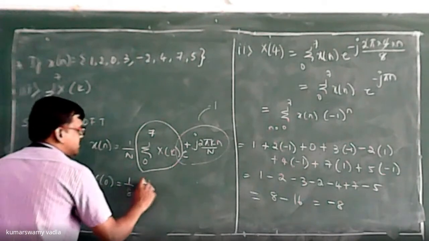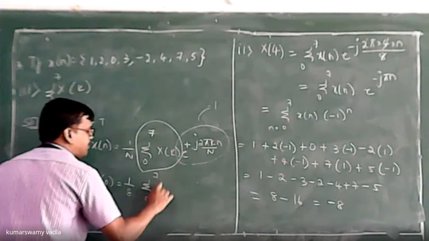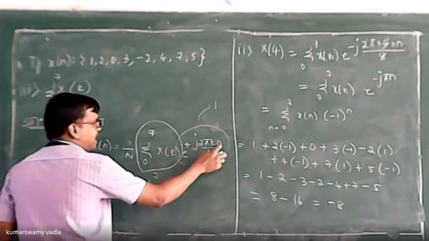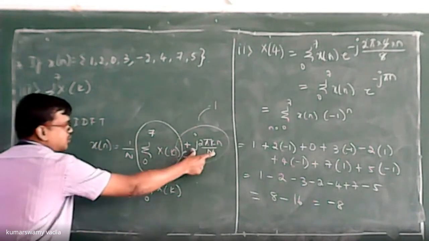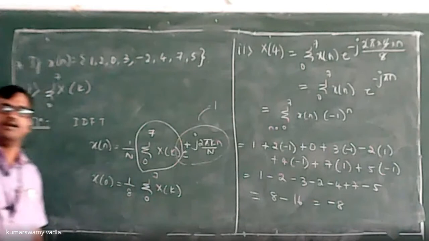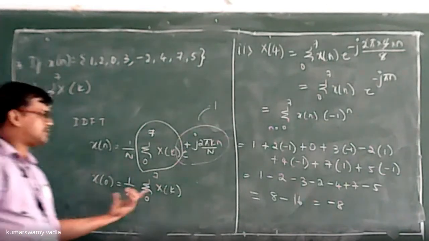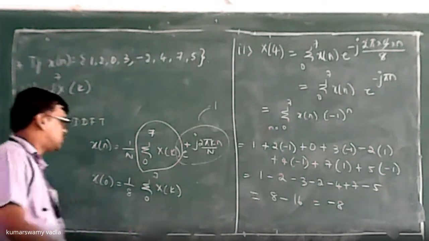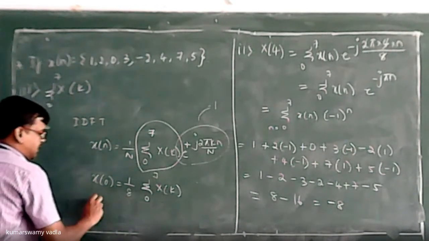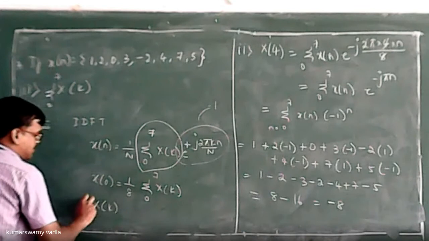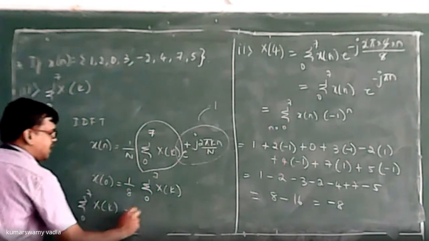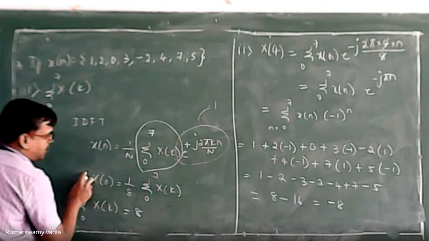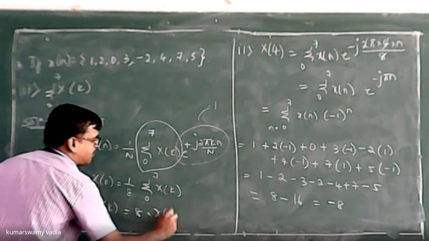X of 0 is equal to 1 by N, where N is 8, summation 0 to 7 capital X of k. As n is 0 here, this whole term will become 1. Yes or no, students? So finally, capital X of k summation 0 to 7 is equal to 8 into x of 0.